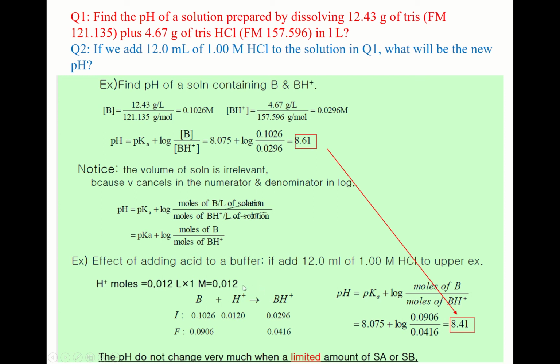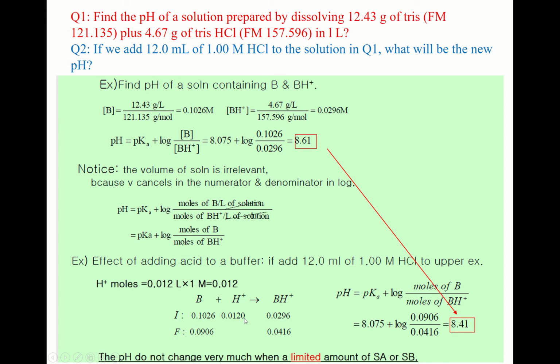Now this proton only reacts with the base form. Originally the mole of B is 0.1026, and this is the initial condition.